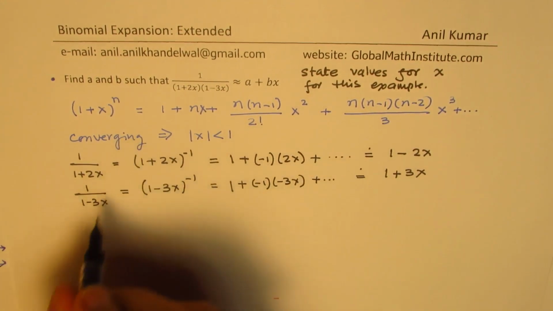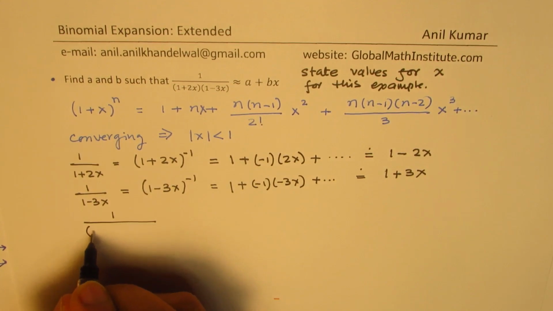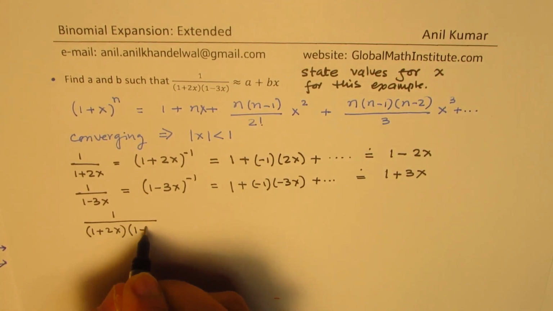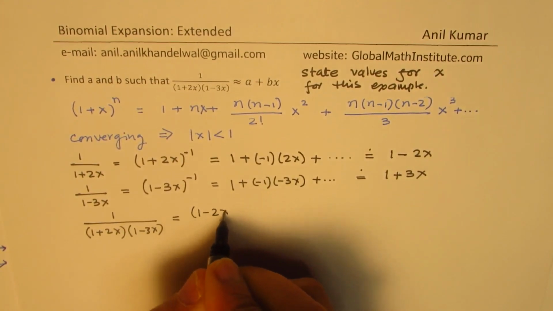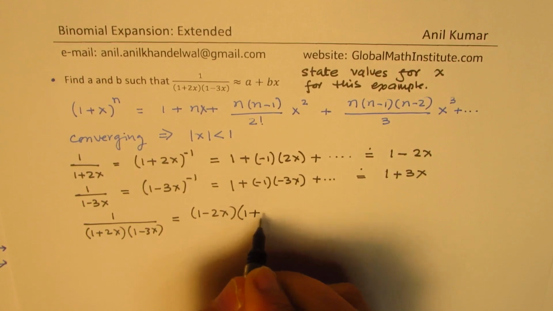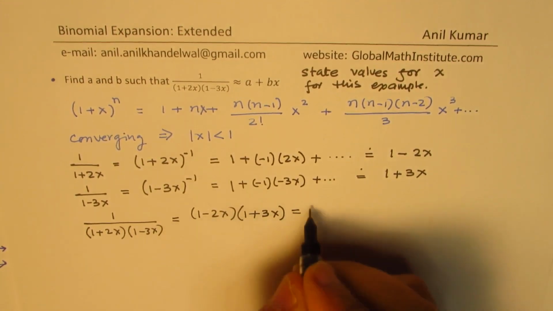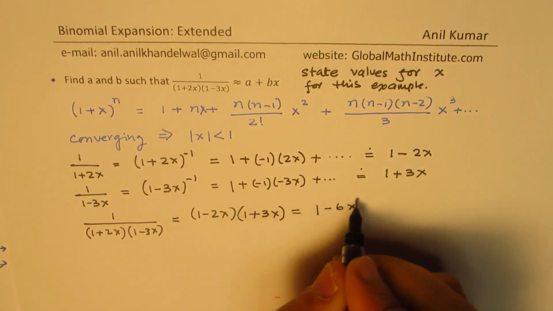Okay, so finally we can write down the rational function 1 over (1 plus 2x) times (1 minus 3x) as equal to (1 minus 2x) times (1 plus 3x), correct? So if I expand this, I get 1, and then minus 6x squared.